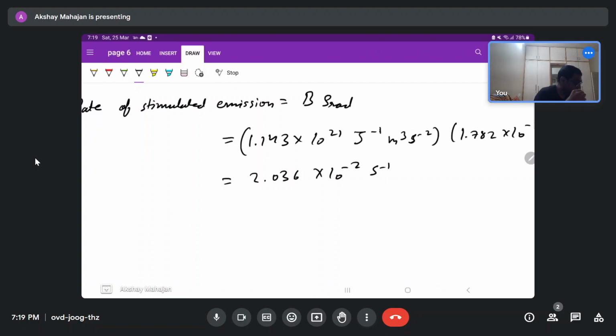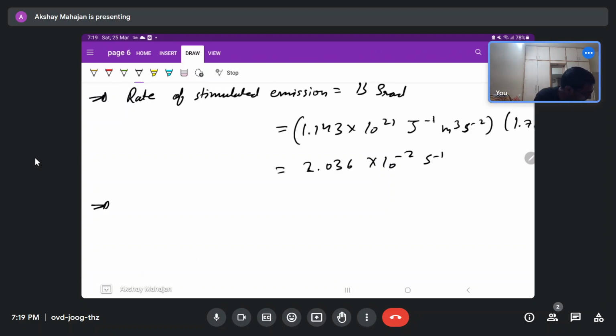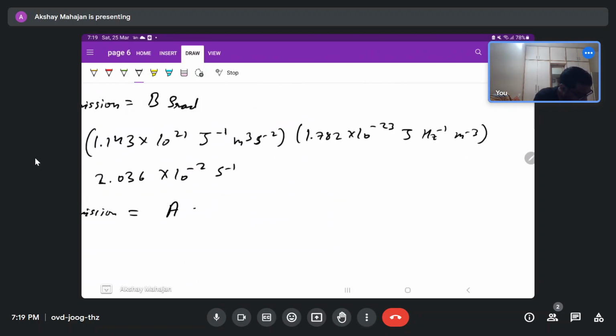Alright. So let's check it. And the rate of spontaneous emission is just given by our coefficient A, which is equal to 6.728 into 10 to the power 7.